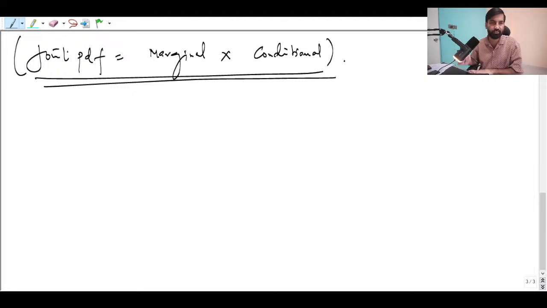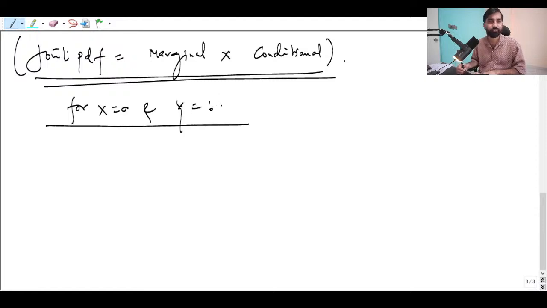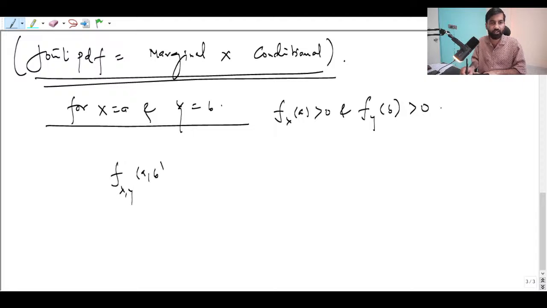So suppose you have got X equal to a and Y equal to b. Suppose random variable X takes the value a, and random variable Y takes the value b, such that you have to make sure that your fX(a) must be greater than 0 and f for the random variable Y must be greater than 0. So you can define the joint density function f(x, y), where X takes the value a and Y takes the value b.